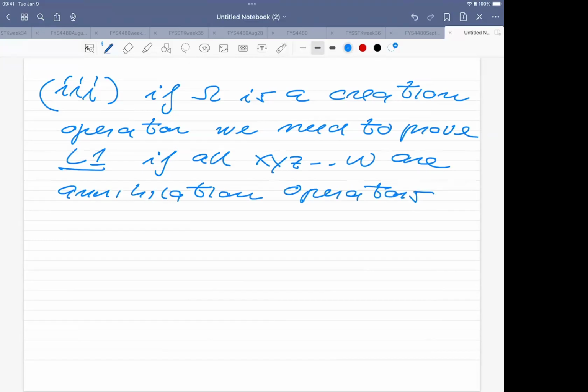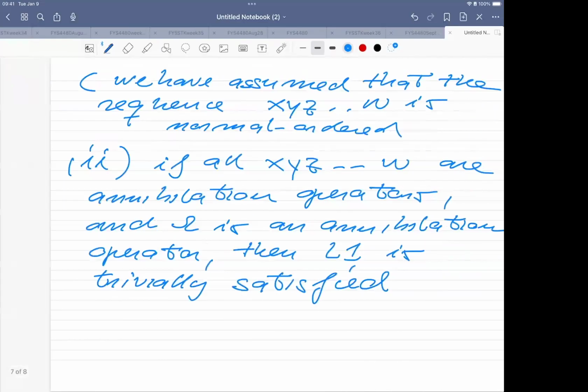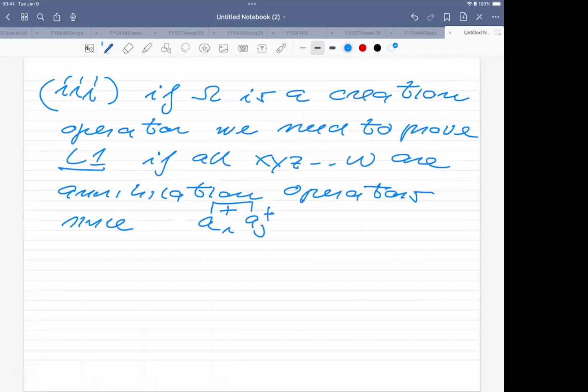And the reason for that is that in case we have creation operators in this chain, then we know that the one single contraction, a dagger of some a_j dagger, this contraction here, which we are taking in this specific sum, the sum over all possible contractions with that operator, by definition is equal to 0.